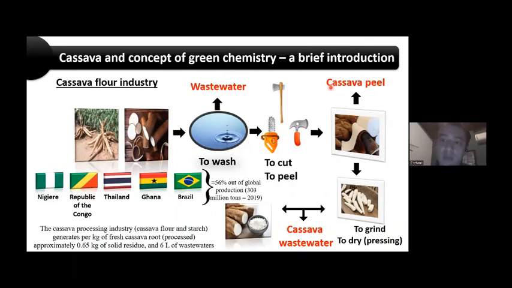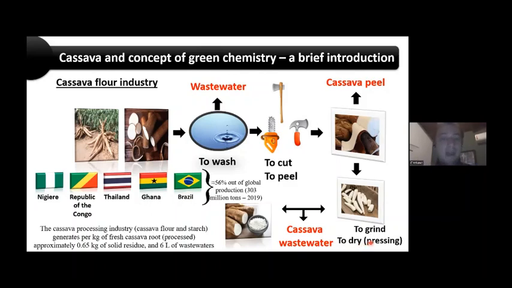In fact, we have produced a kind of prebiotic compound, named oligosaccharide, using cassava peel. To the best of my knowledge, it is the first article on this topic, and it is under review right now. So after peeling, you have to grind it and dry it.